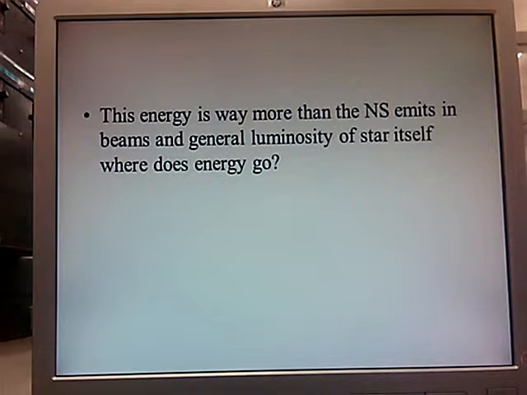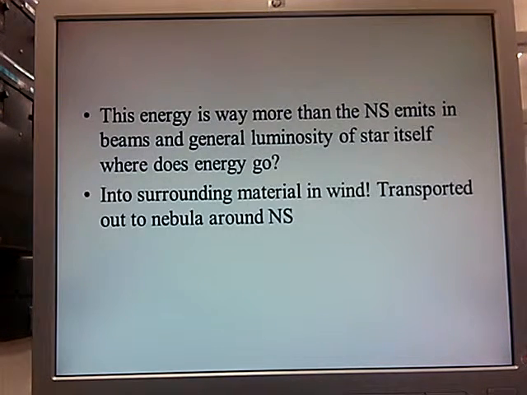So where does it go? It goes into this mass loss, transporting material, and it goes through this pulsar wind, which gives rise to a pulsar wind nebula, and that nebula shines at some distance away from the surface of the neutron star, and finally emits that energy.